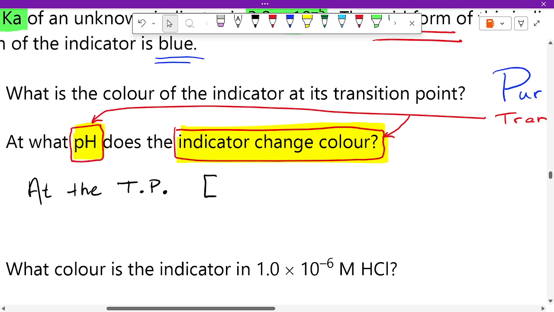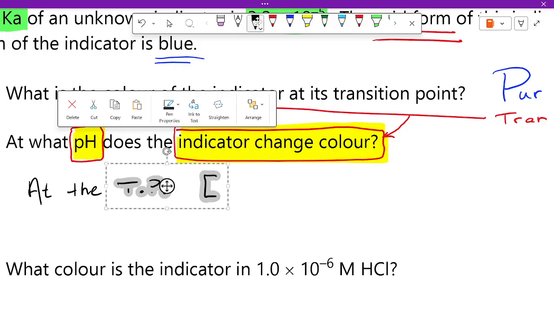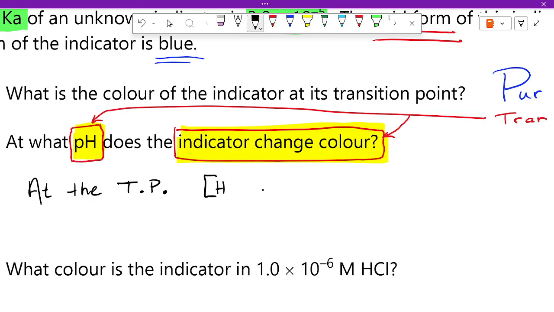Yeah, so our hydrogen ion concentration at the transition point is equal to our Ka of what? The indicator.